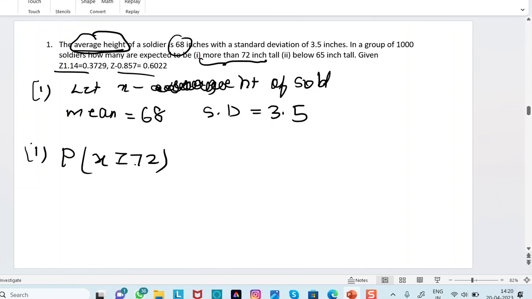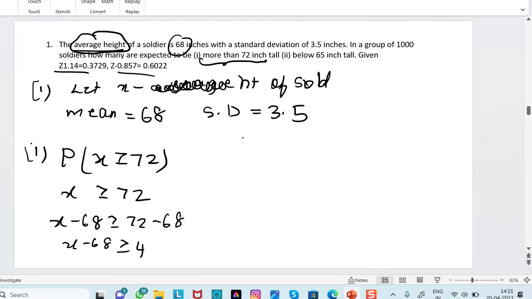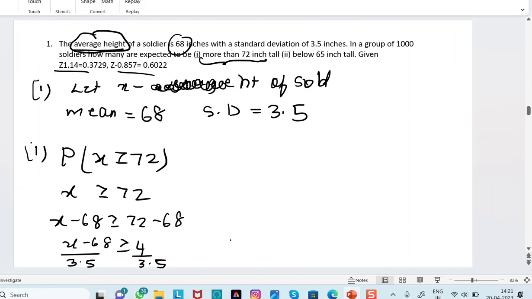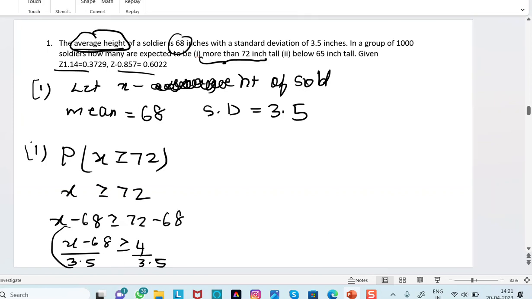Now, like in the previous case, we have to convert x to z. To convert x to z, we subtract the mean, that means we subtract 68 from this. This becomes x minus 68, and this is 4. And now we divide by the standard deviation, which is 3.5. So this part will become z.